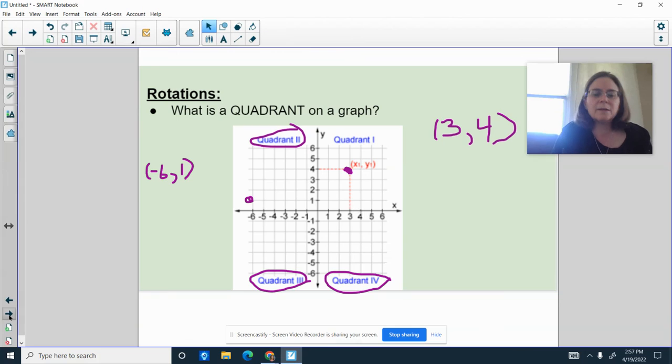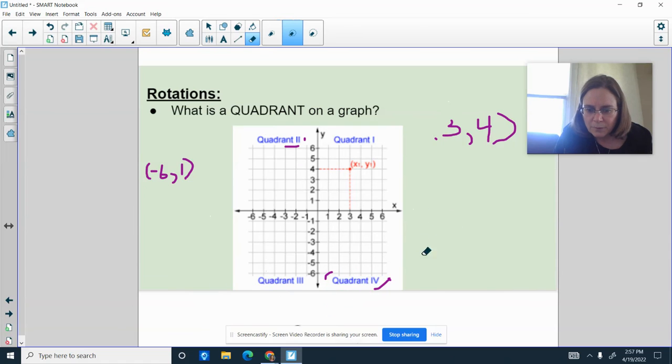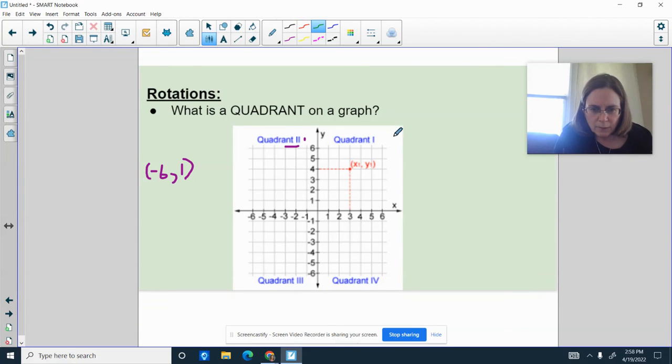If I go back here, you might want to jot this down somewhere to help you. Quadrant 1 is going to have positive X numbers, positive Y numbers.